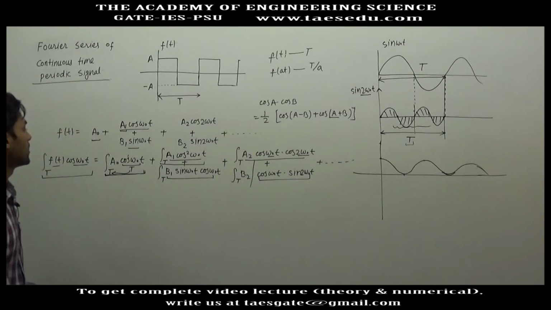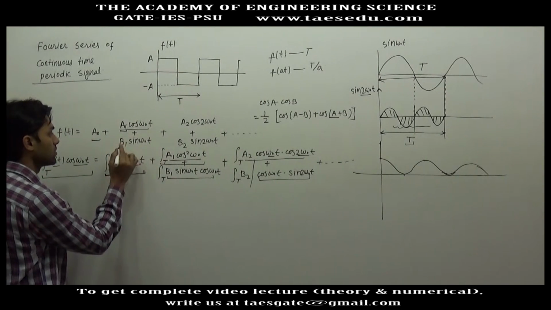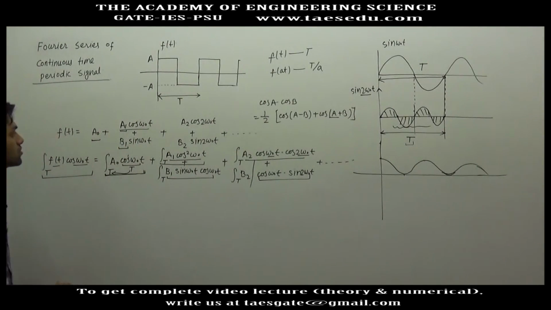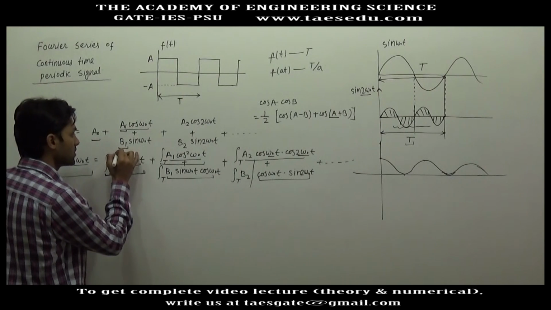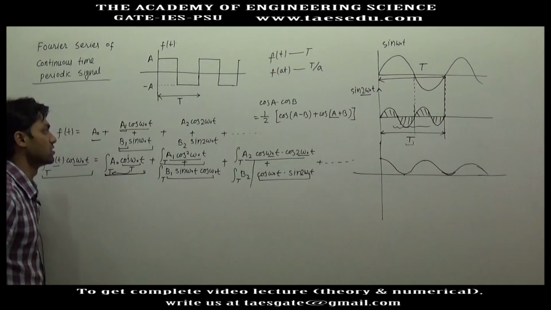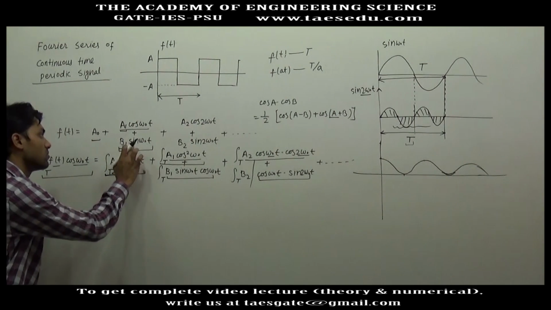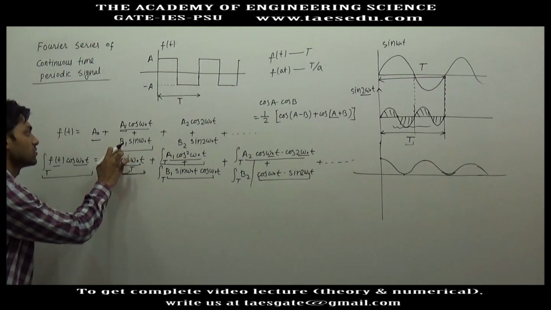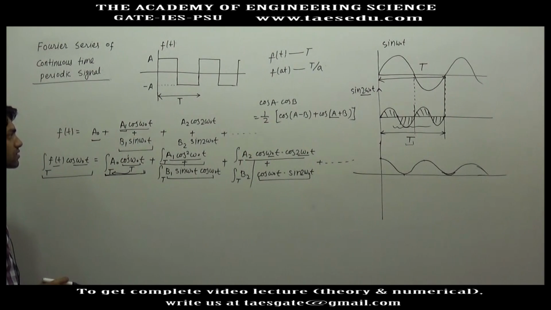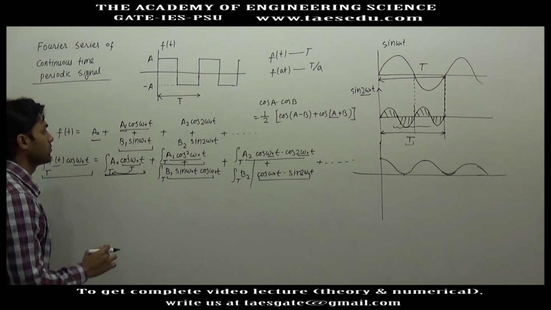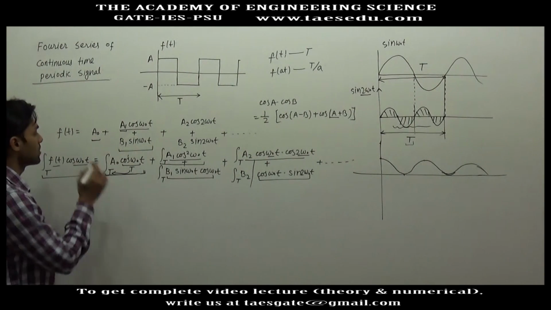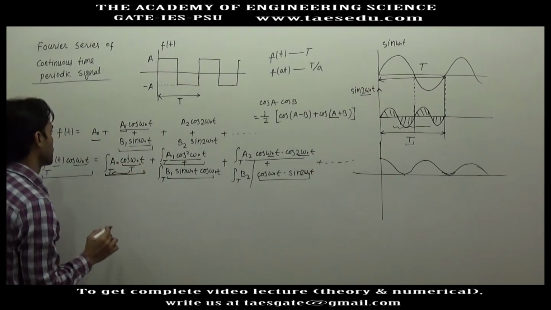Similarly, if you are required to find out b1, we will multiply both sides with such a quantity that after integration this term does not go to 0. So to prevent this term from going to 0, we need to multiply both sides by sin omega naught t.